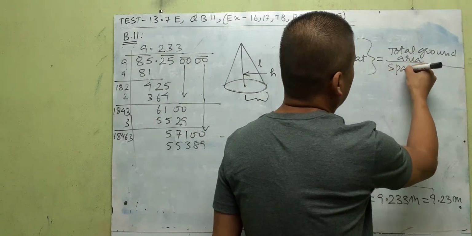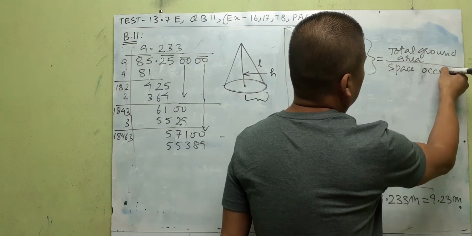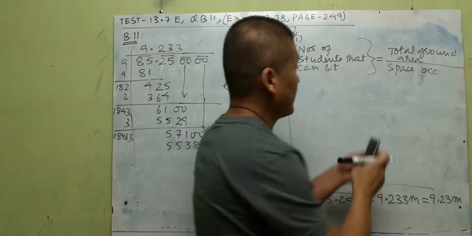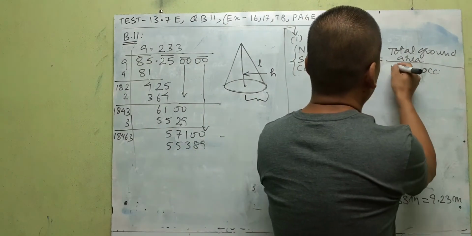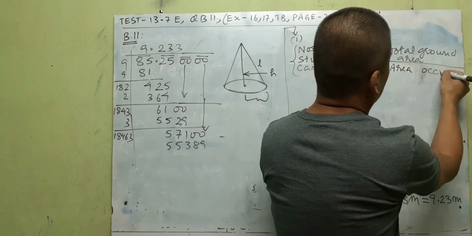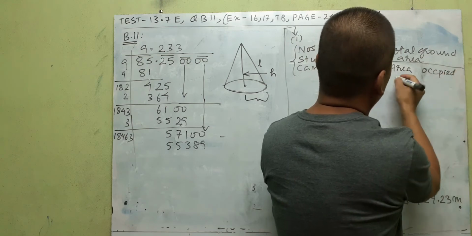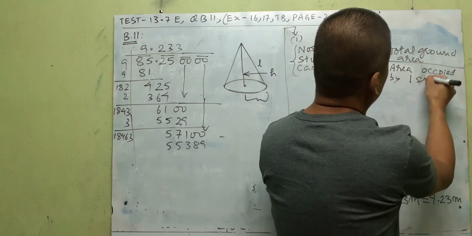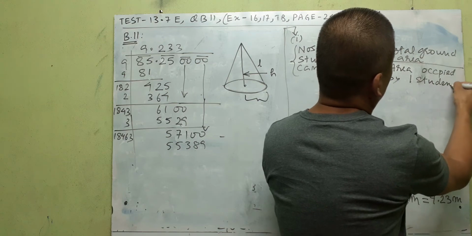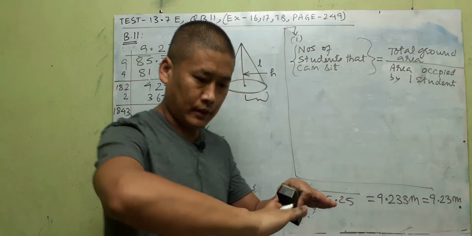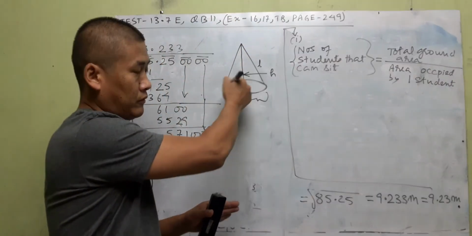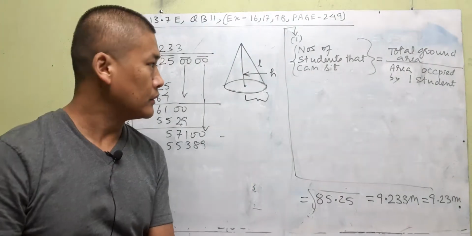Space means area, space or area occupied, you can say, using the same language of the text. Area occupied by one student which is given. That will give you the total number of students that can sit on the ground, the circular ground on the base of the tent, right?